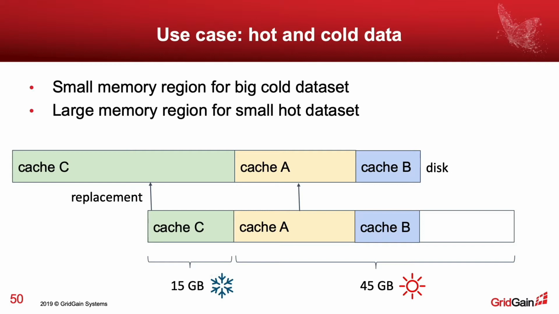And when the memory chunk of cache C gets overflown, your data is just transferred from memory to disk. On the one hand, you gain in-memory speed when you work with your caches A and B because they are present in memory.